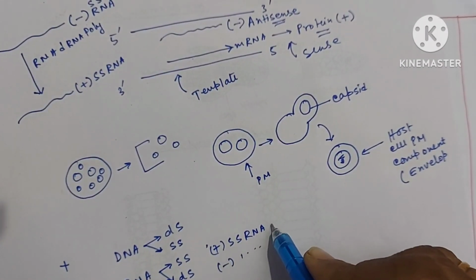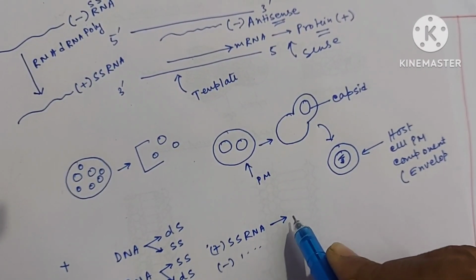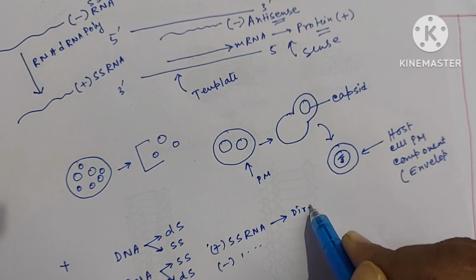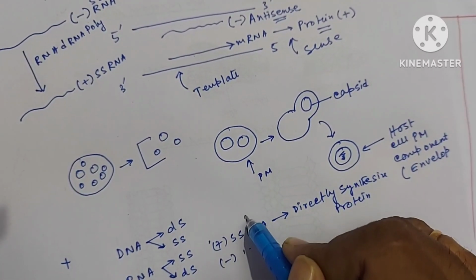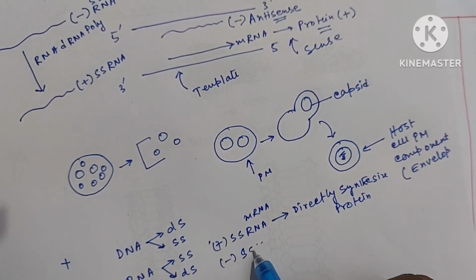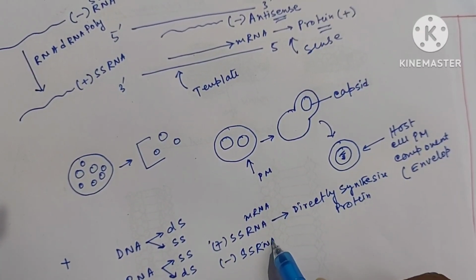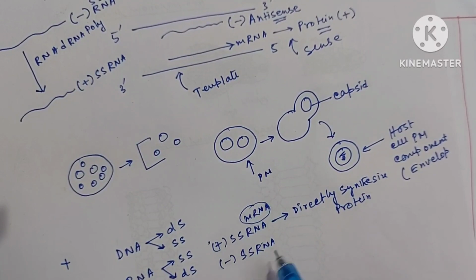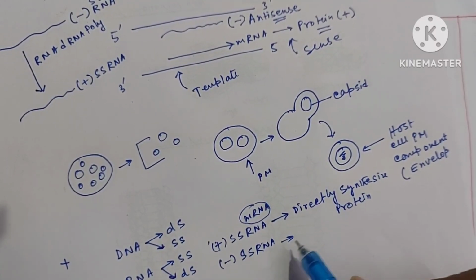What is plus ssRNA? When the RNA directly synthesizes protein, it is known as plus ssRNA, or it acts like mRNA. The minus ssRNA is complementary to this mRNA, so it does not directly synthesize any protein.